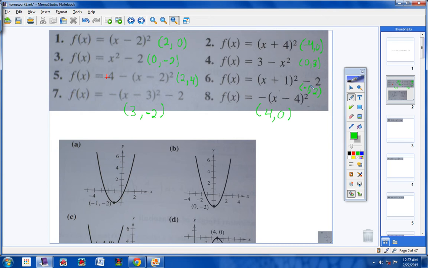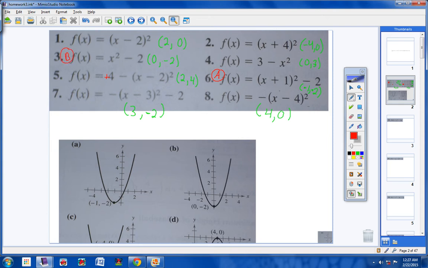As you can see, it's a negative 2. So negative 1, negative 2. So letter A goes right here with number 6. Okay, B is 0, negative 2. How many 0, negative 2s do I have? Only 1 right here. So number 3 is B.